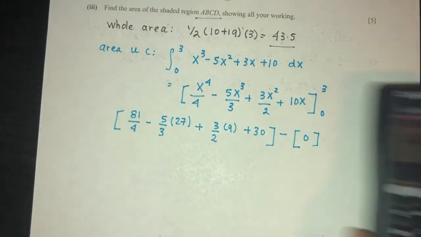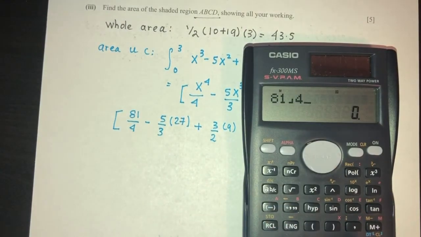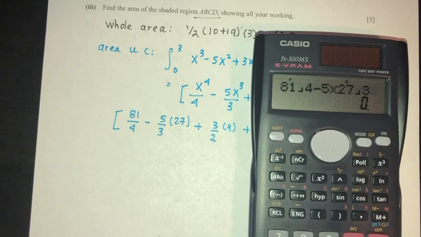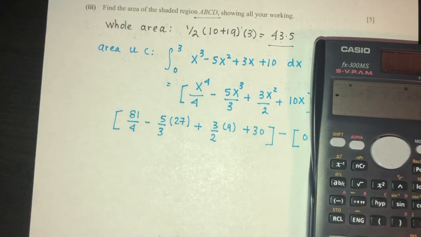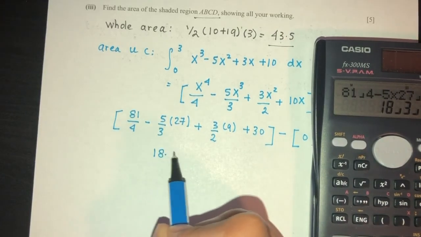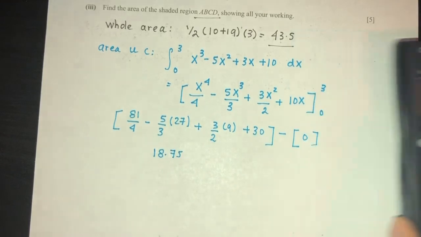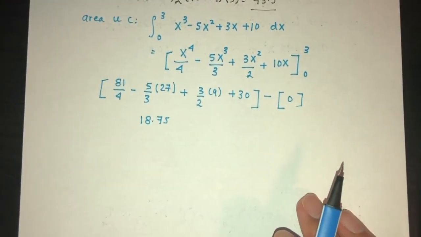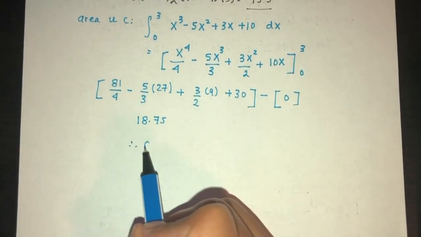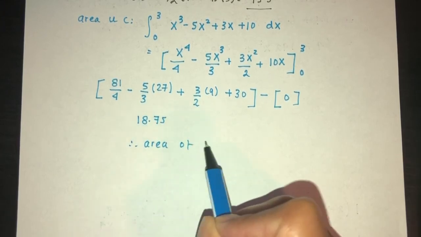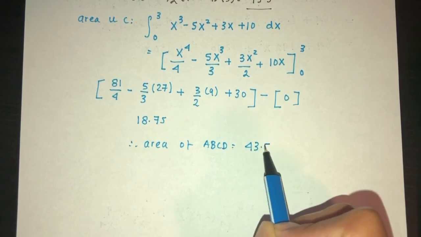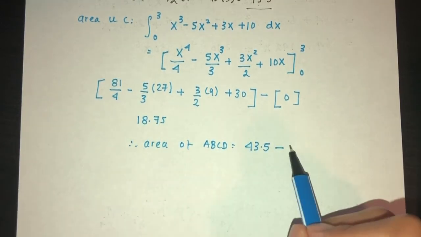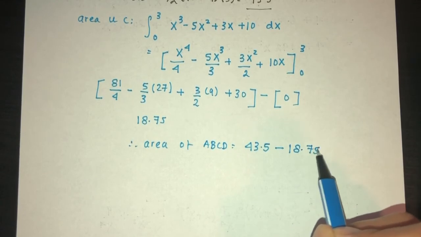Now simplify this: 81 over 4 minus 5 times 27 over 3 plus 3 times 9 over 2 plus 30. That should be 18.75. Now from this we can find the area of the region that we need. So the area of ABCD will be the area of the trapezium, which is the whole area, minus the area under the curve that we don't need. That should give you your answer.